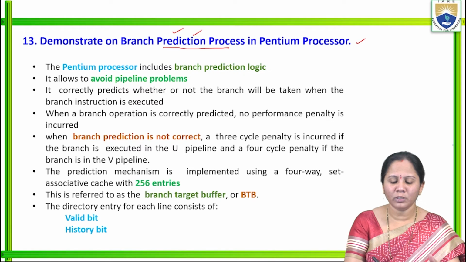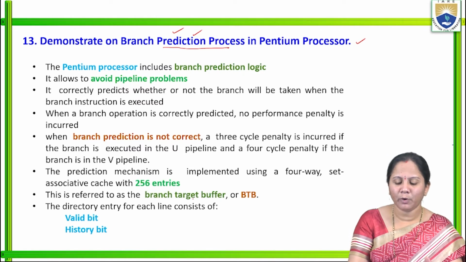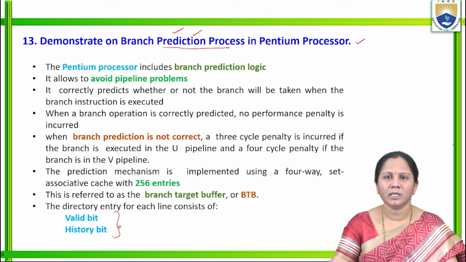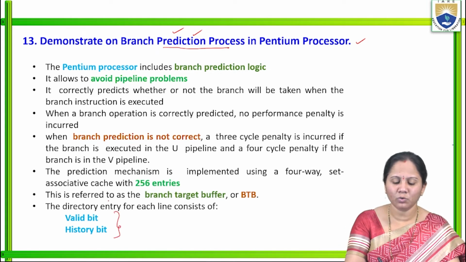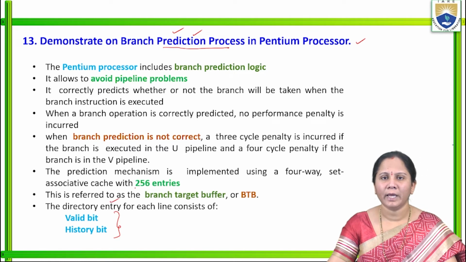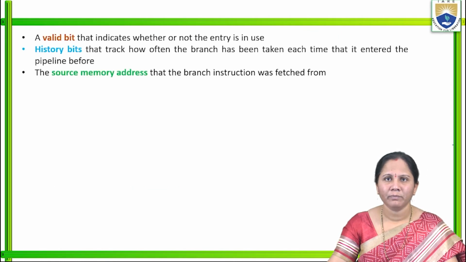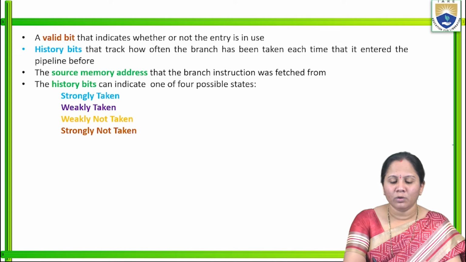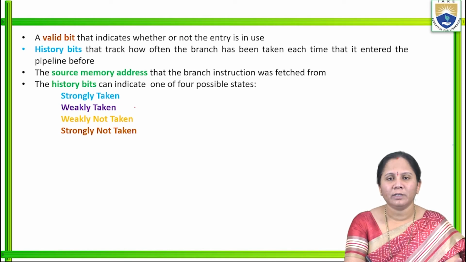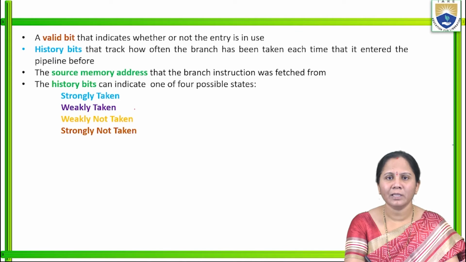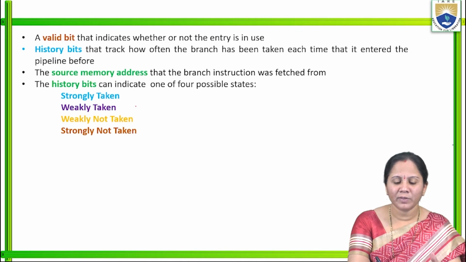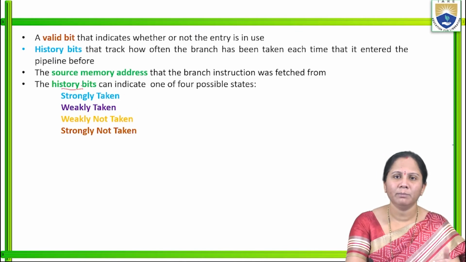So how we are going to predict means by using some important bits like valid bit and history bit. So these are the two bits that are present in the directory entry. So how the prediction can be done before the actual occurrence means with the help of the history bits.